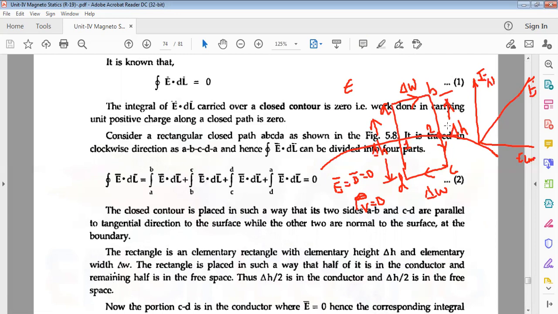Thus, the total height of B and C is delta H, and see here, B to 2 the height is delta H by 2. And the remaining 2 to C is also delta H by 2. Similarly, D to 1 is also delta H by 2, and 1 to A is also delta H by 2. The half part is in the conductor and half part is in the dielectric.